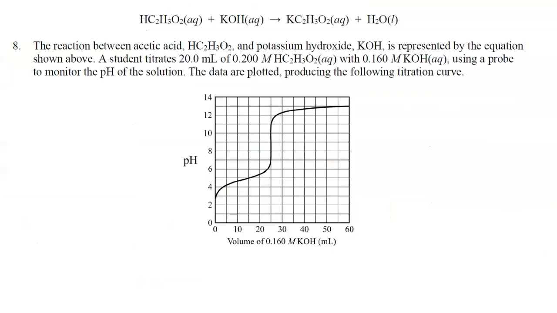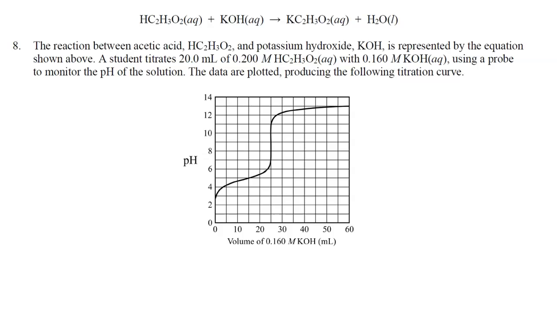Now let's take a look at question 8. As you can see, question 8 also involves an acid-base titration experiment, and it involves the appearance of a titration curve. So question 8 says, the reaction between acetic acid, HC2H3O2, and potassium hydroxide, KOH, is represented by the equation shown above.